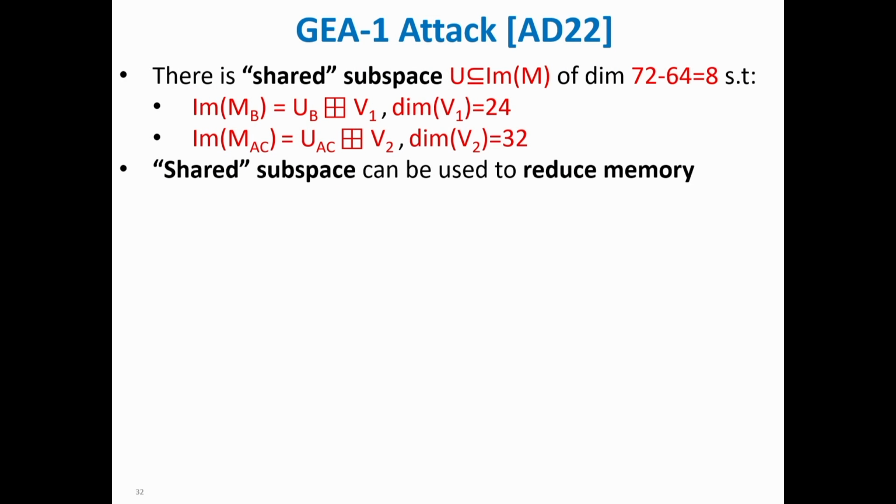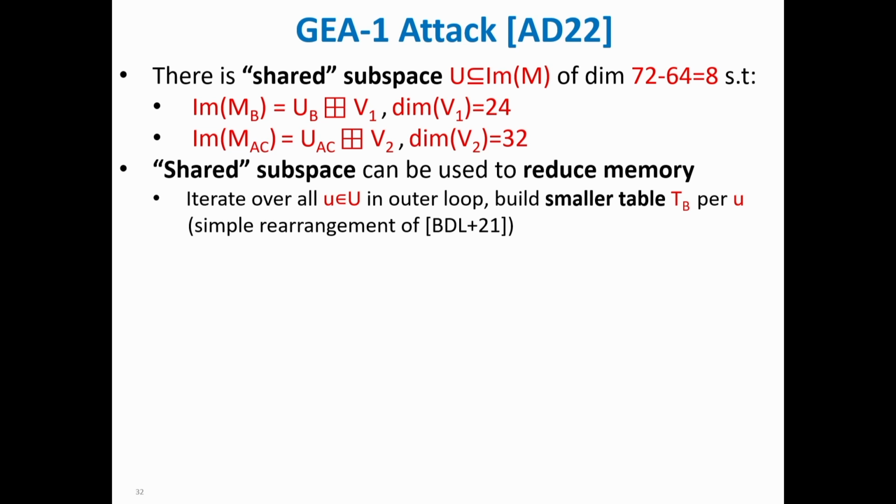Now I'll show you how to reduce the memory complexity by a factor of 256 by exploiting these linear relations between the joint internal states. The basic idea is that we can divide our attack. We have this large meet-in-the-middle attack. Its complexity is 2 to the 40, and it consumed 2 to the 32 memory.